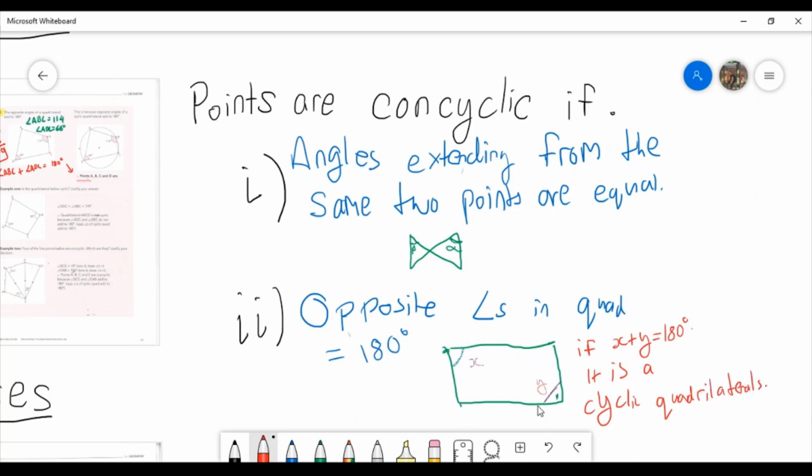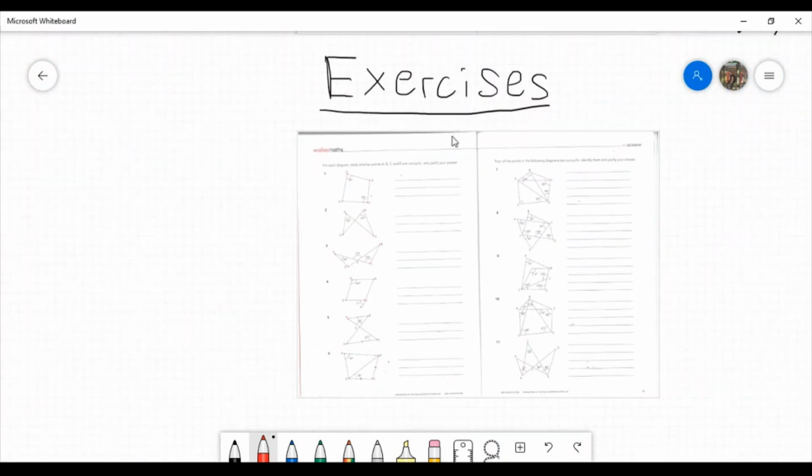So the points are concyclic, but furthermore, it's a cyclic quadrilateral, because it's a quadrilateral that is made of concyclic points. Confused? Let's do some exercises.